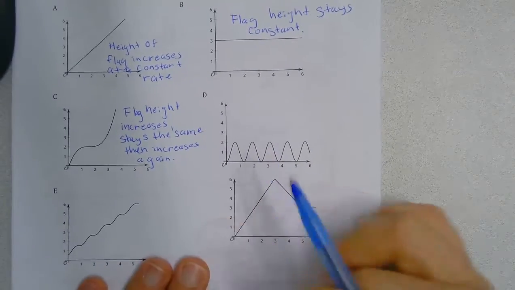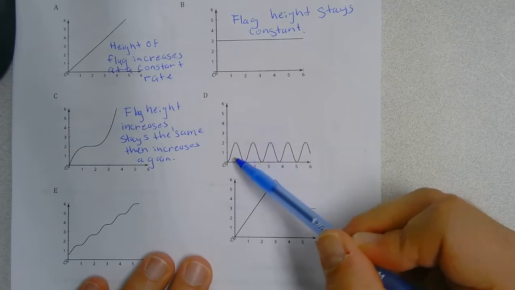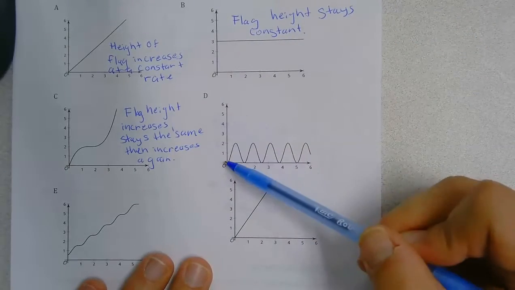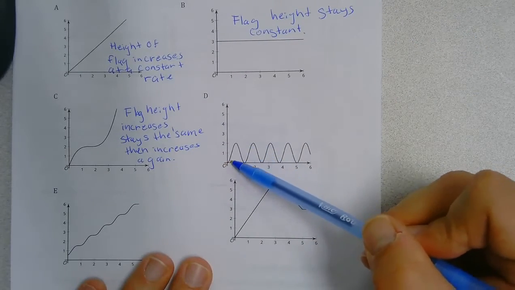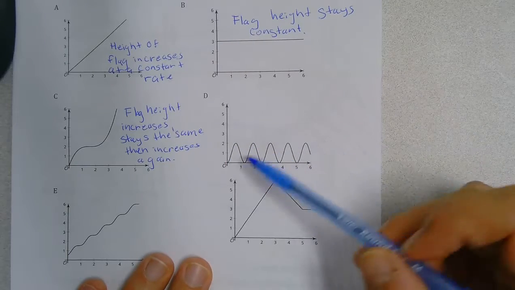So if we look at D, the flag height increases, decreases, and then increases and decreases. So it looks like the flag is lifted up, then lowered, then lifted up, then lowered, then lifted up, and then lowered.